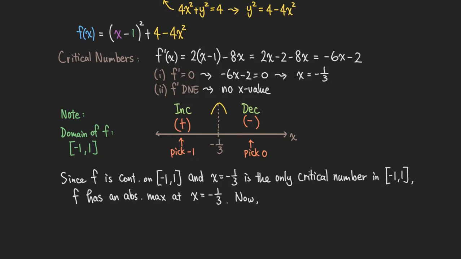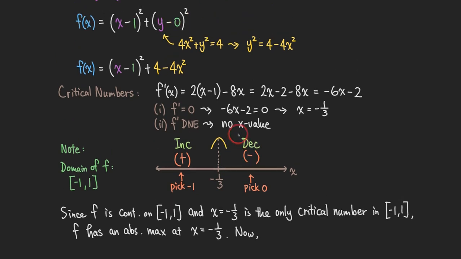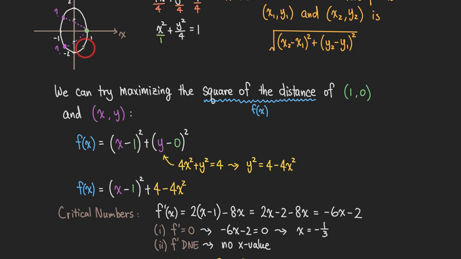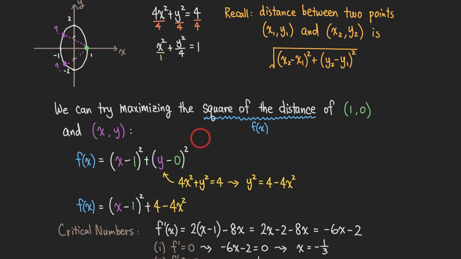Now, we just need to find the maximum value by, what can we do? We can plug it back into, because we want to find the point, right? We want to find the point, and we may also want to find the maximum distance in this case. So depending on the situation here, you can plug it back into the distance formula to find the maximum distance.